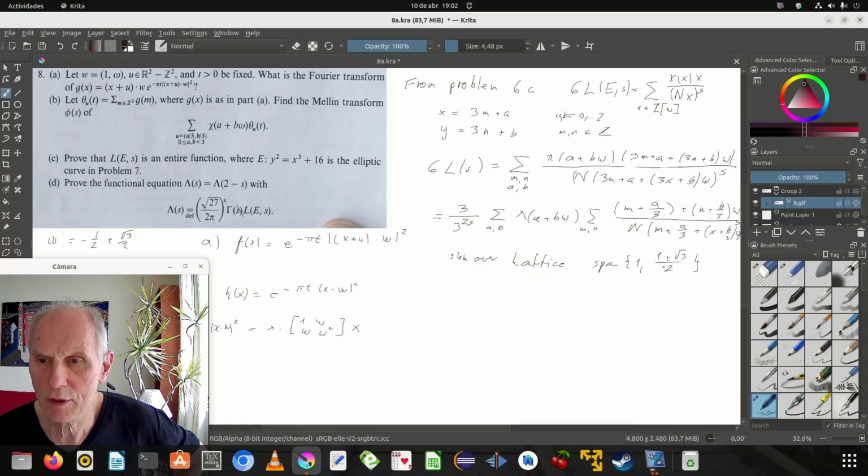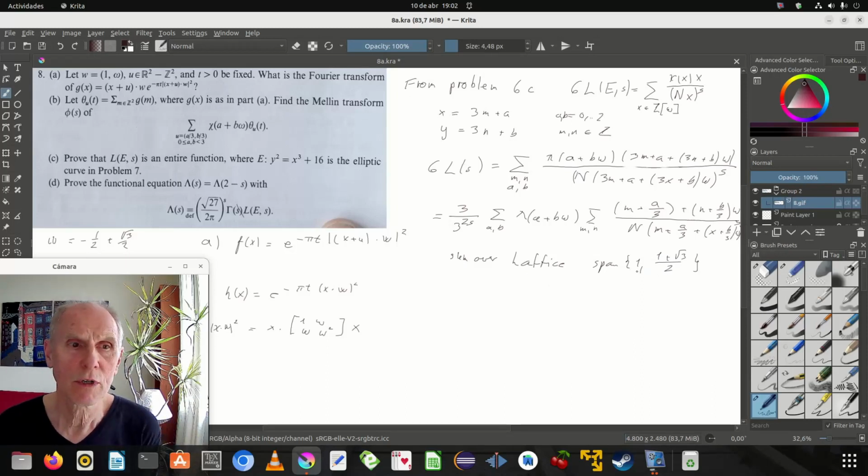Oh, that's because I've got plus 1/2. It should be minus if we wanted it to be the norm in Z extended by omega. So let's do this one over this lattice, so that these guys agree.